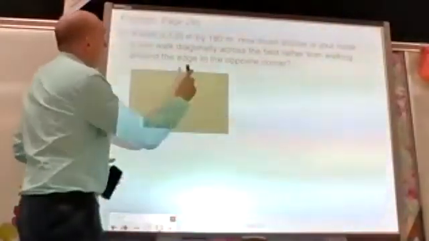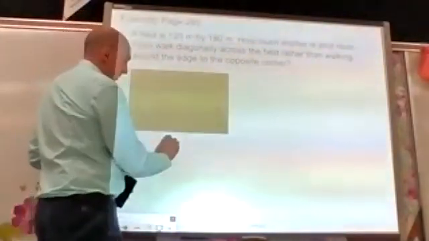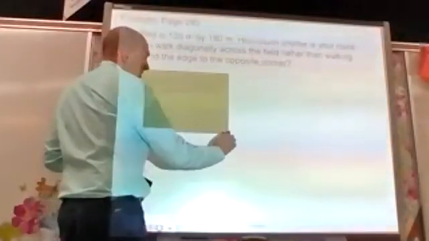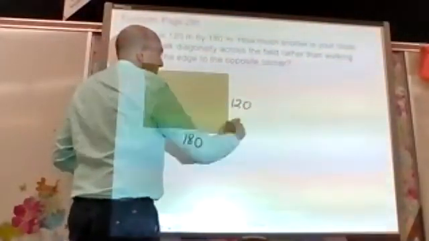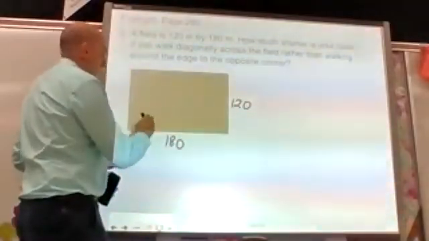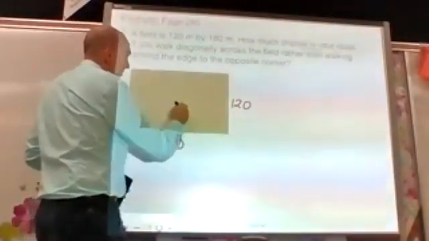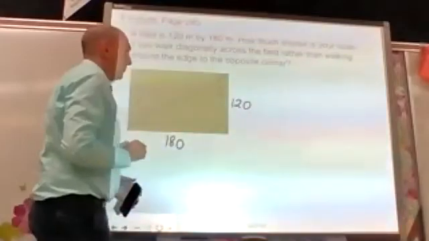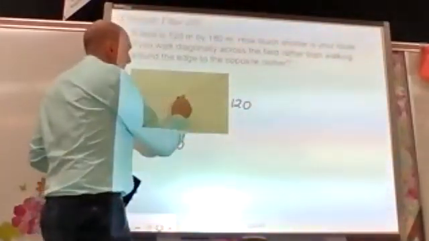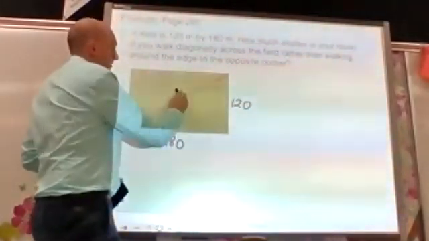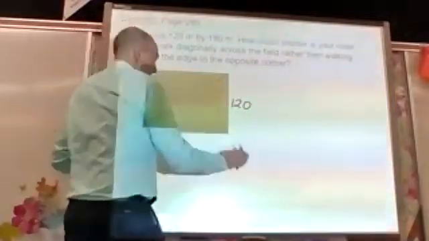So 120 by 180. So 180 would be the longer dimension. 120 would be the shorter dimension. And we want to know how much the diagonal is. We can use the Pythagorean theorem for this. If this is going to be our hypotenuse, right? Sorry, that shouldn't be squared yet.